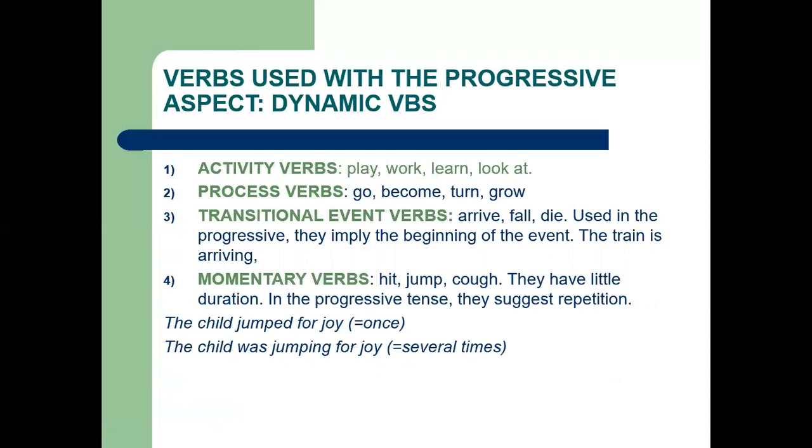Momentary verbs: hit, jump, cough. And in the progressive tense, they suggest repetition. Yes, the child jumped for joy, it's once, but if you say the child was jumping for joy, of course, you imply that he jumped several times, right?